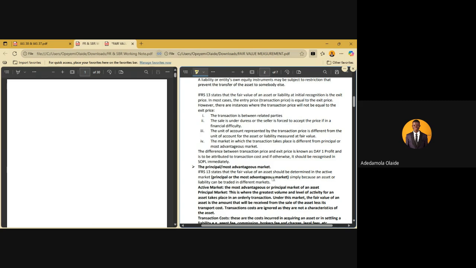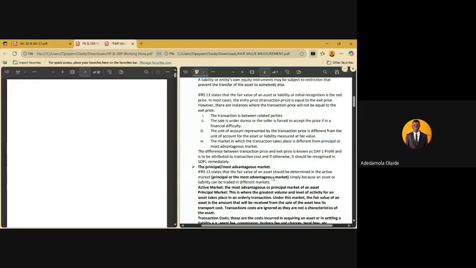Computer Village. Because we believe that in the whole of, I don't know if I will say in the whole of Nigeria, but at least let me say in the whole of Lagos, the market where the greatest volume of transactions relating to phone and computer gadgets will take place is Computer Village.